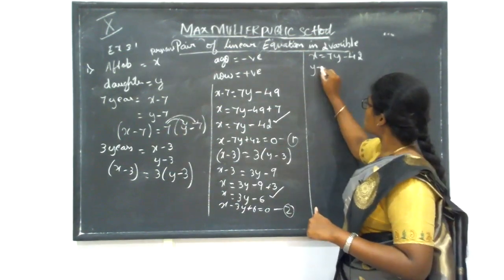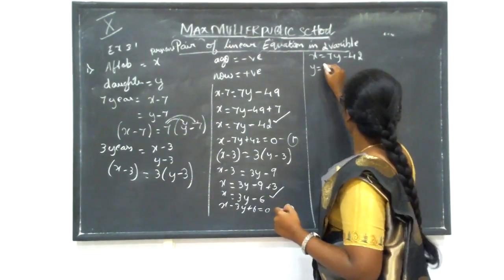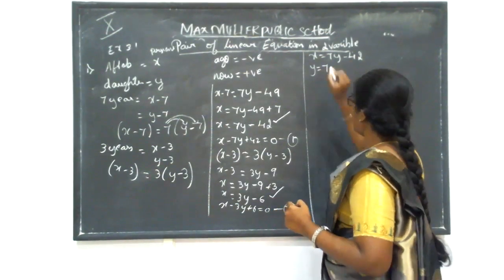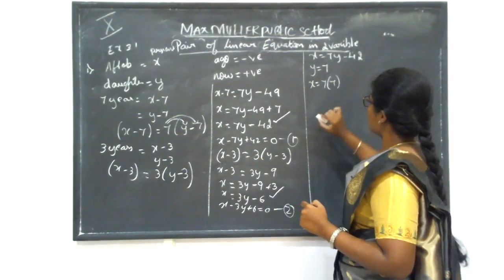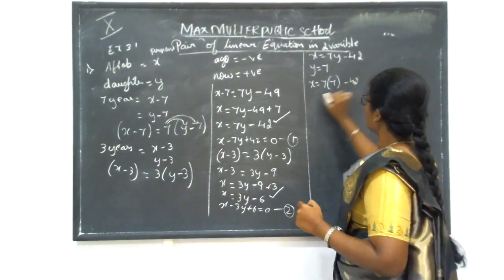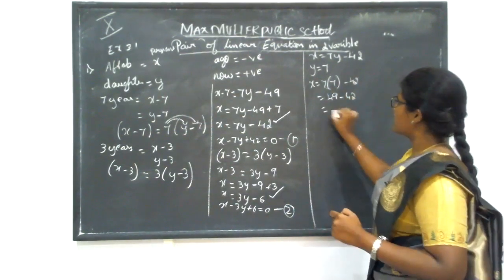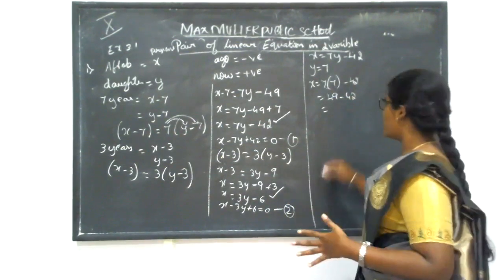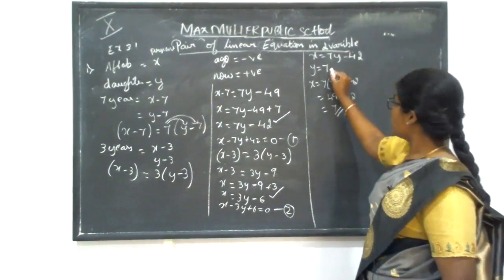Y, you will get the x value. Now assume. Let me assume y as 7. So what happens? x is equal to 7 into 7 minus 42. 7 sevens are 49 minus 42. How much you will get? 49 minus 42? It will be 7 itself. Clear? So you got the point here itself.